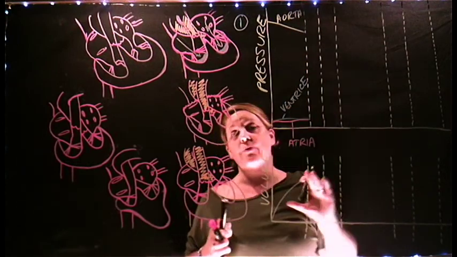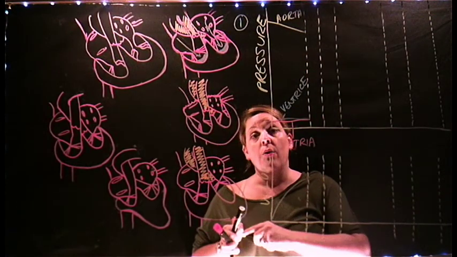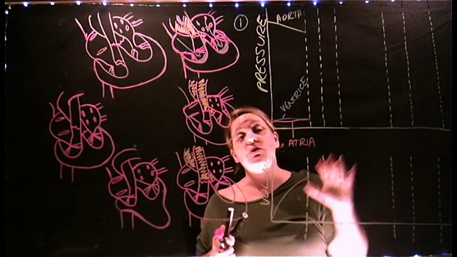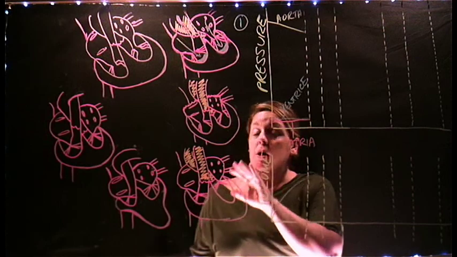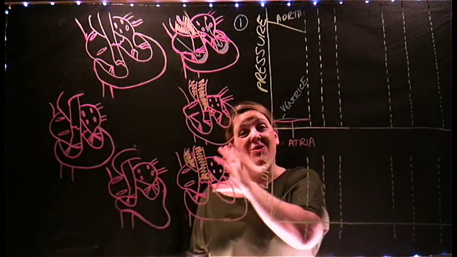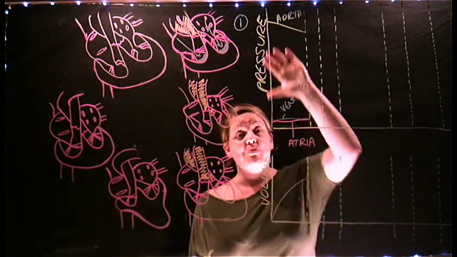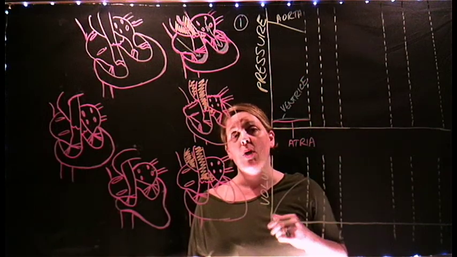The pressure and volume changes that we see, these graphs are going to be what we see in the left side of the heart. We would see these changes in the right side of the heart, but the values themselves are much, much lower.